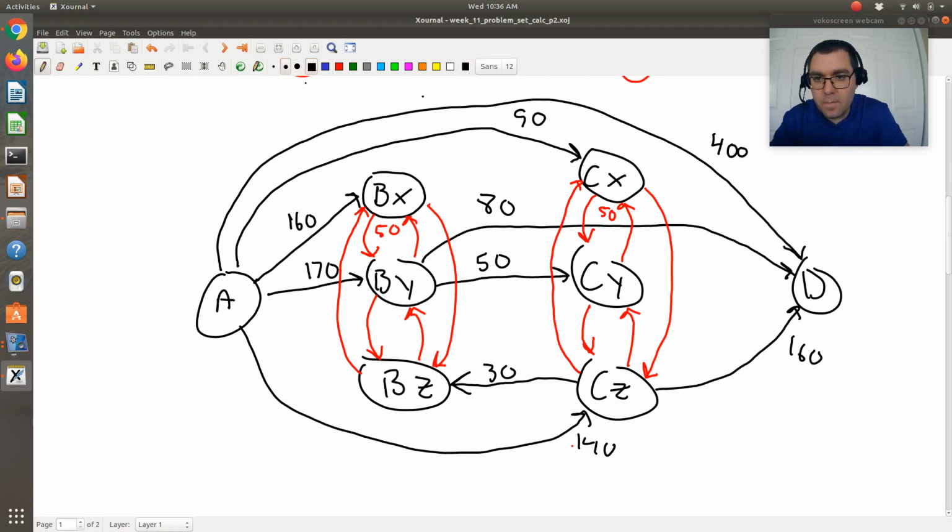Okay. So now I have my complete network, where hopefully within B and C, these additional designations of X, Y, and Z can help me differentiate between the airlines.